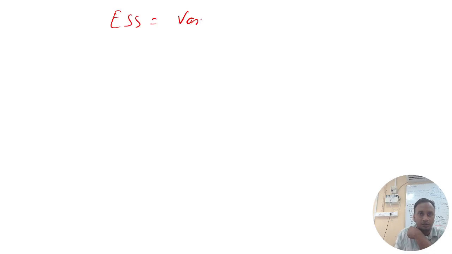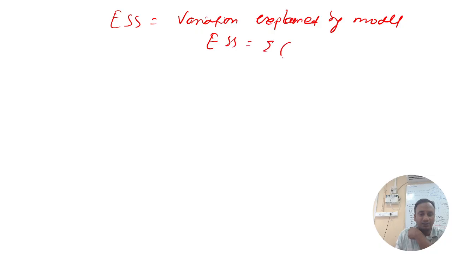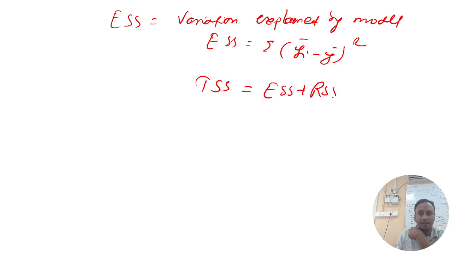After that, we have the explained sum of squares, ESS, the variation explained by the model. For this, the formula is that ESS will be the summation of (y hat_i minus y bar) whole square. And the formula we'll use is TSS equals ESS plus RSS. That will solve some problems.